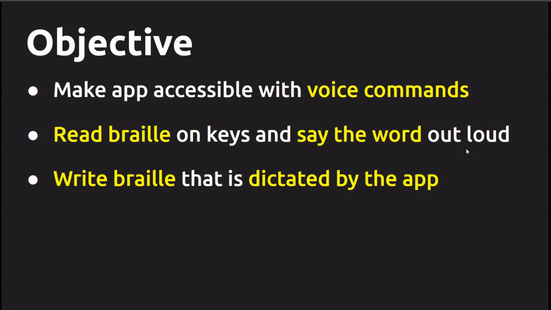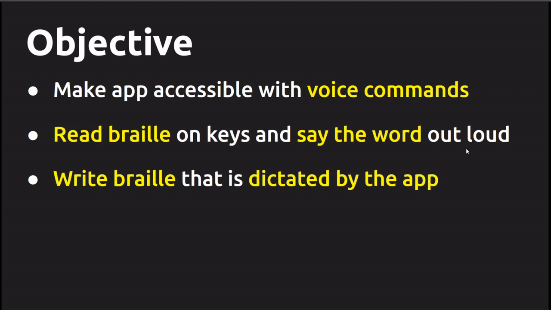Reading Braille on the keys and saying it out loud gives them the opportunity to practice feeling Braille physically on the Braille displays. They can feel the display and then say out loud the word they think the Braille is, and that acts as a confirmation that they have correctly read it.